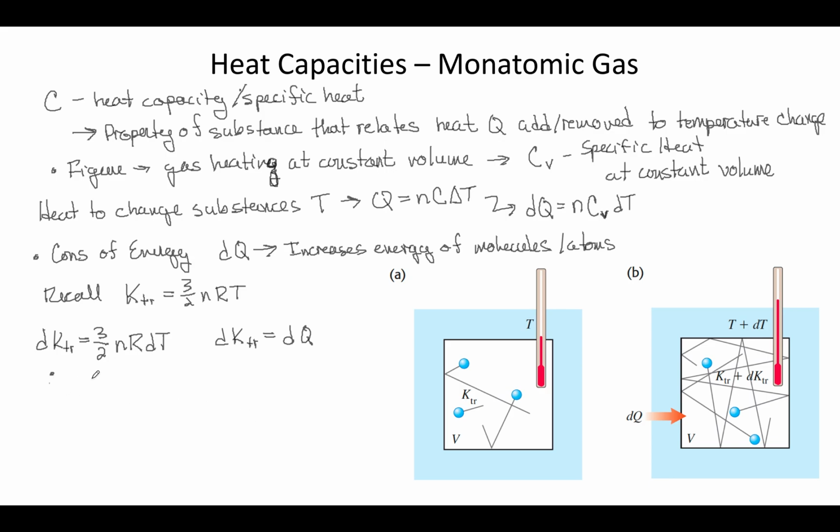Therefore, we have our 3/2 nR dT equal to our nCV dT. You make cancellations of the dT's and of the n's, and you find that C sub V equals 3/2 R for a monatomic gas.